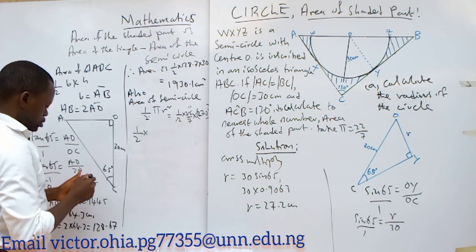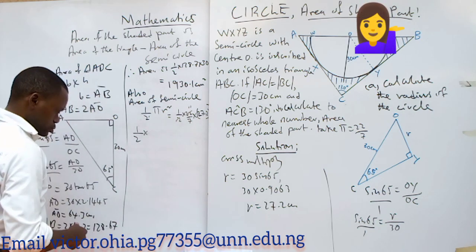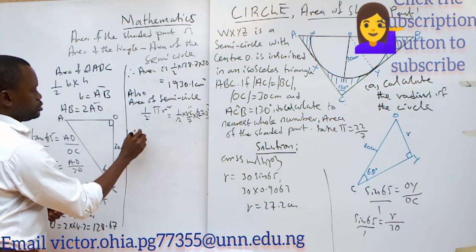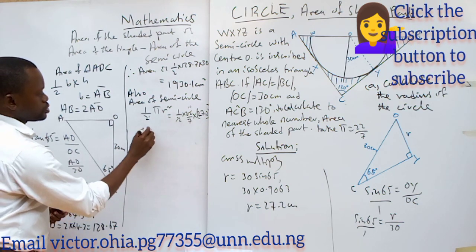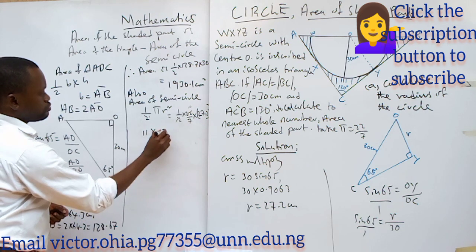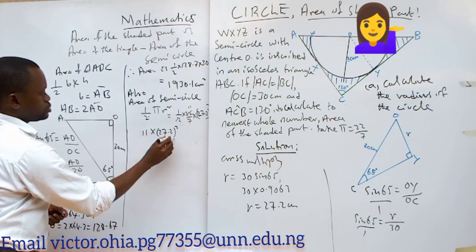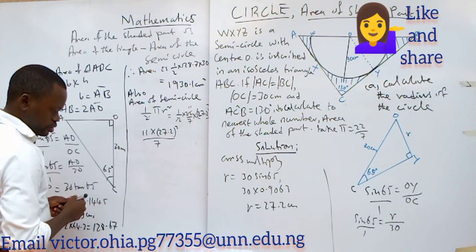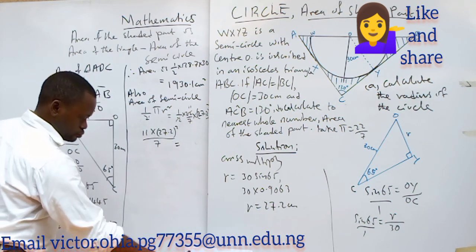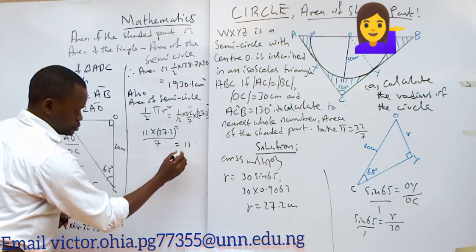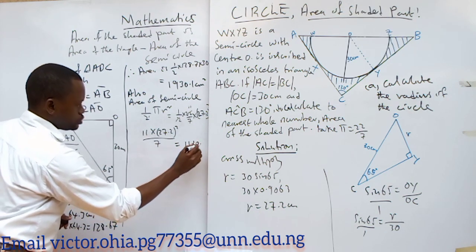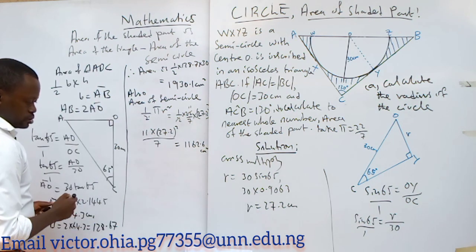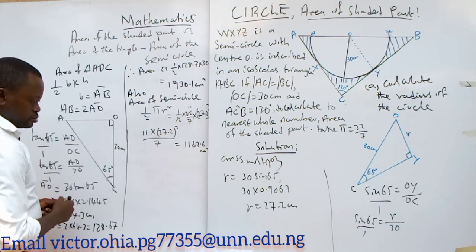So I now have 11 times 27.2 squared all over 7, and that will give me, from the figure I have here already, 1162.6 cm squared. That's the area of the semicircle.